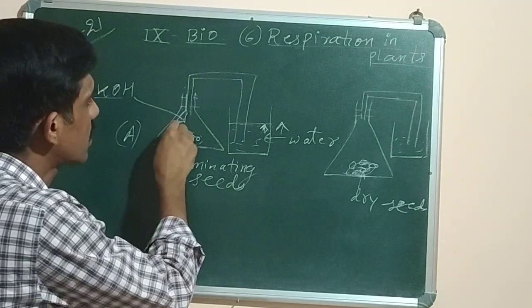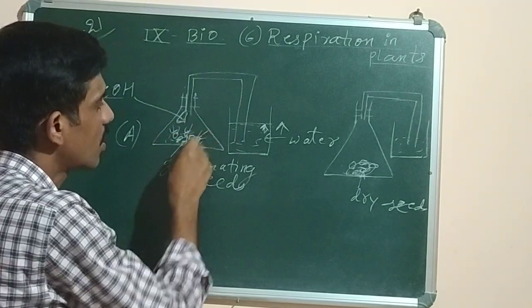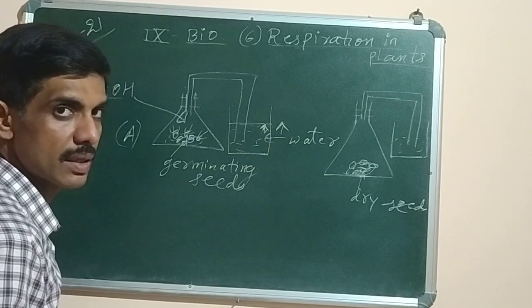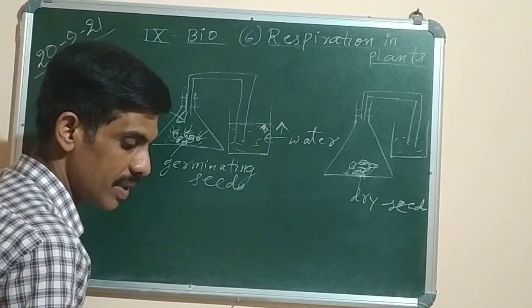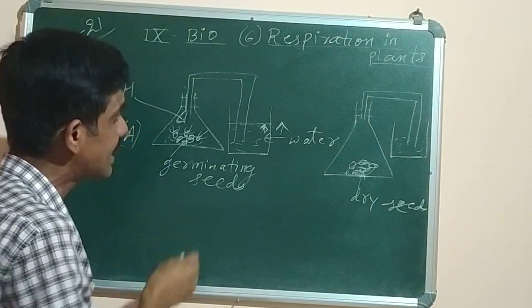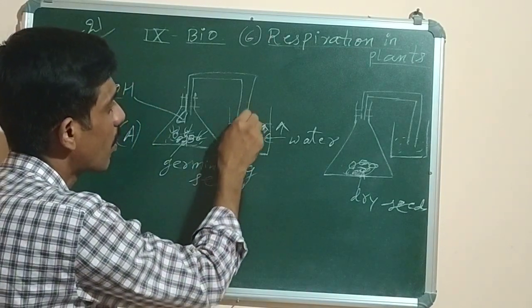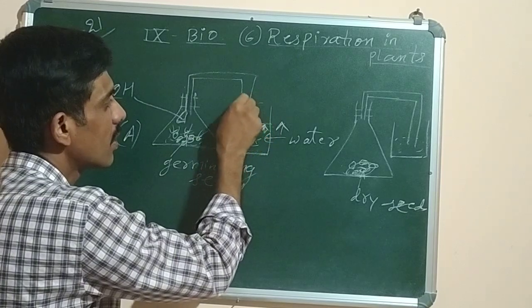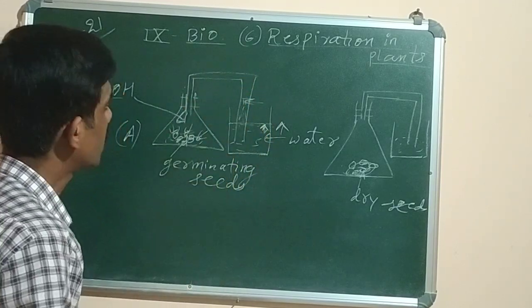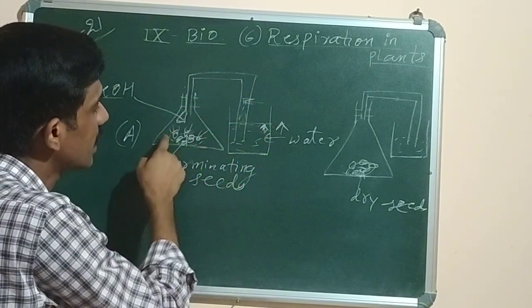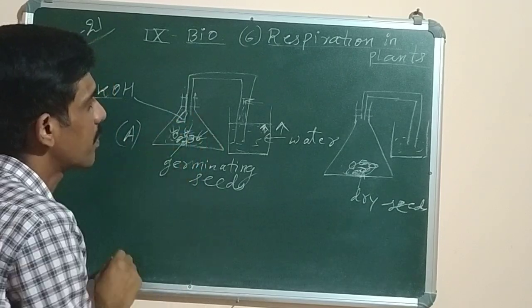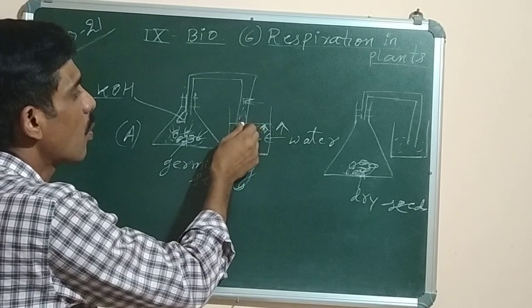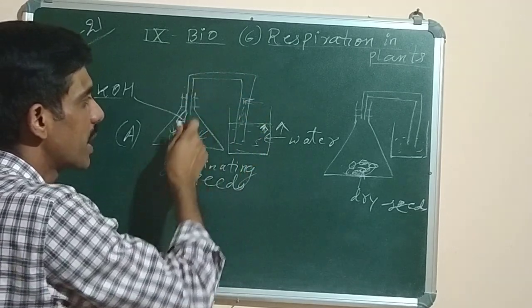They will take oxygen from the surrounding, that is from the flask. Water rises in the bent tube. Why is the water rising up? It's because the oxygen gas which is being used up during respiration creates a vacuum or empty space, and it draws the water upward into this bent glass tube.